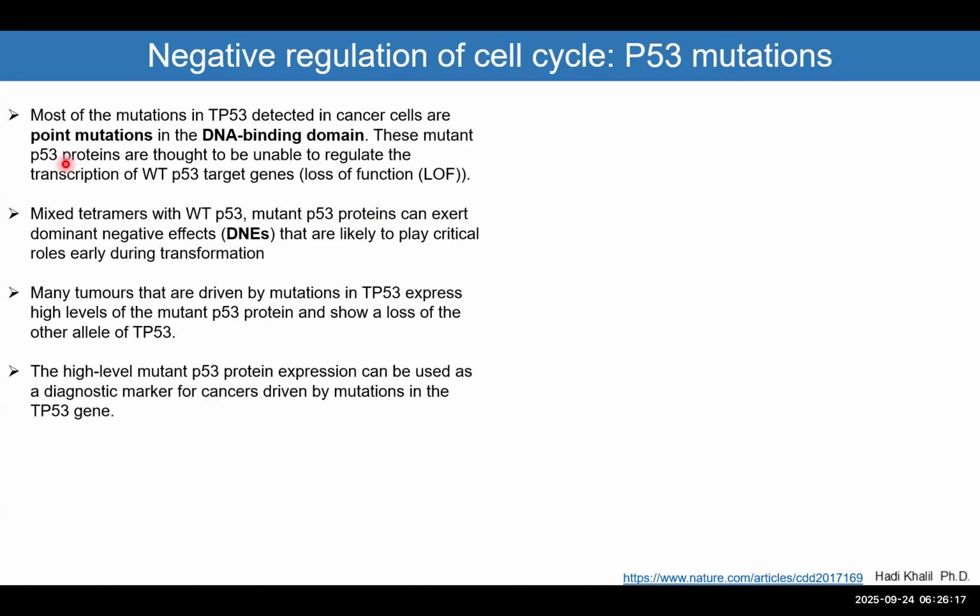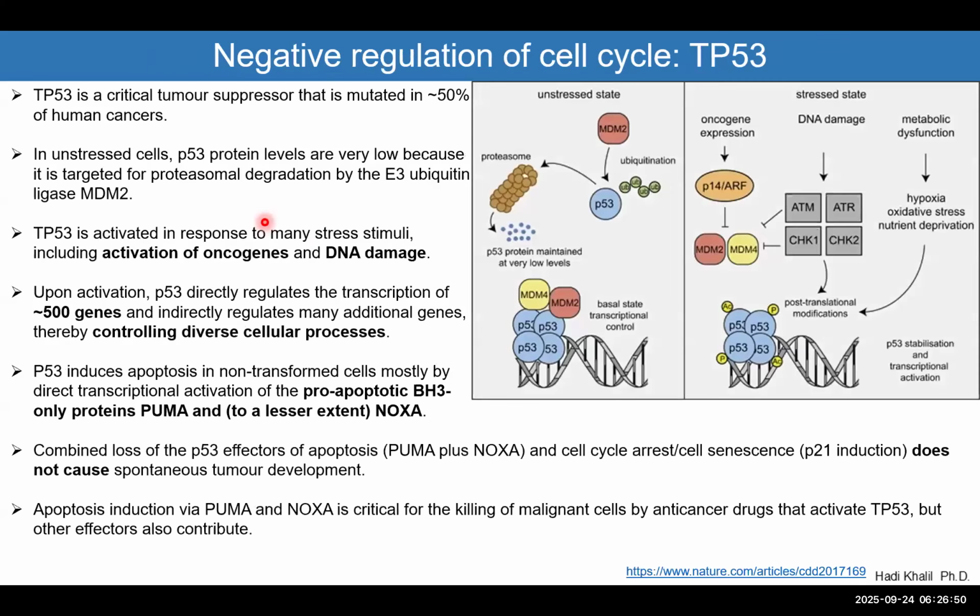Therefore, these mutant p53 proteins are unable to regulate the transcription of the downstream genes, and that's a loss of function. Whenever a gene is not able to perform a certain function, we call it a loss of function. The other problem could be that we will have a mix of wild type p53 that is able to perform the function and the mutant p53. So they will start to compete, because recall in this slide, p53 makes tetramers, 4 different molecules attached to each other, making a complex.